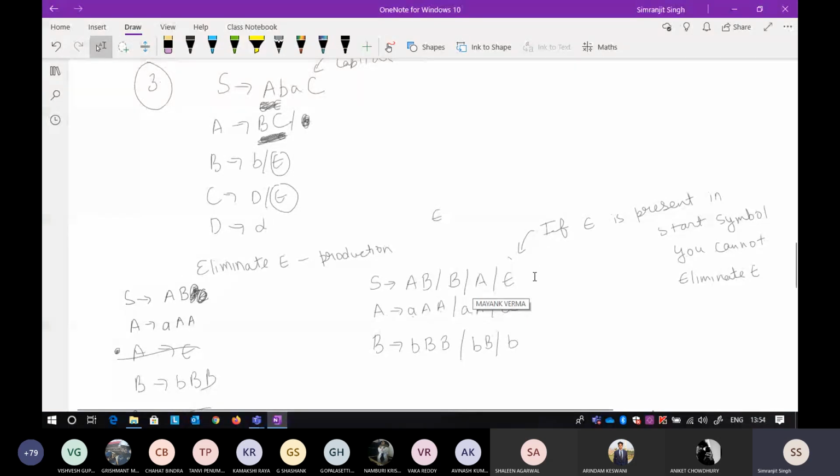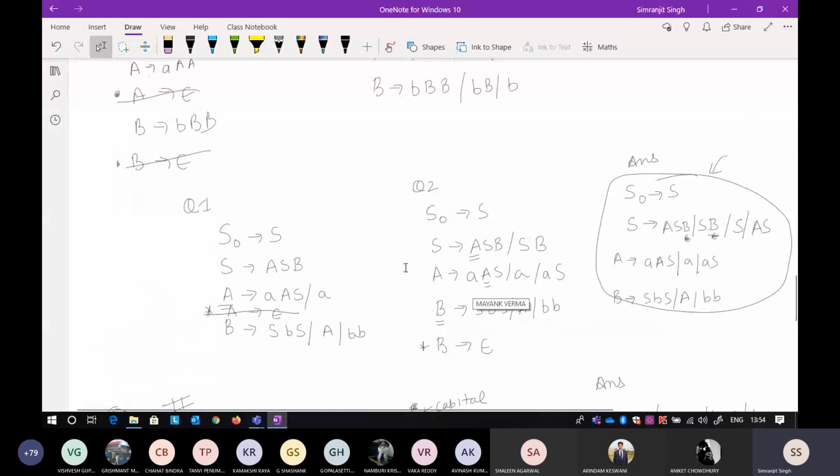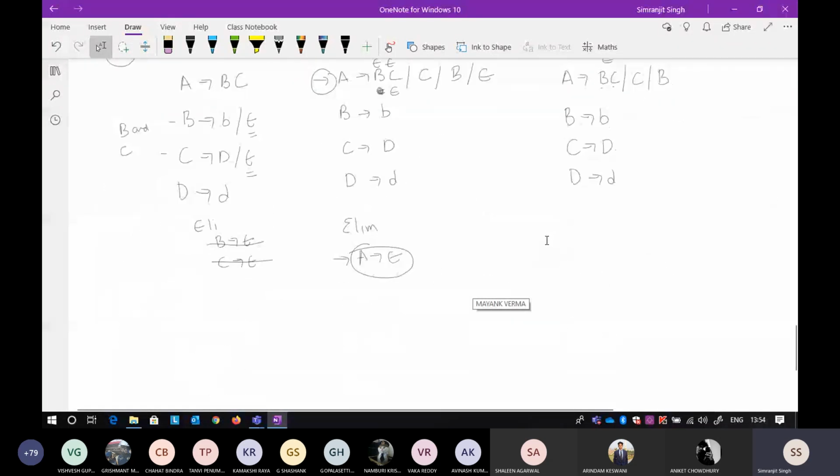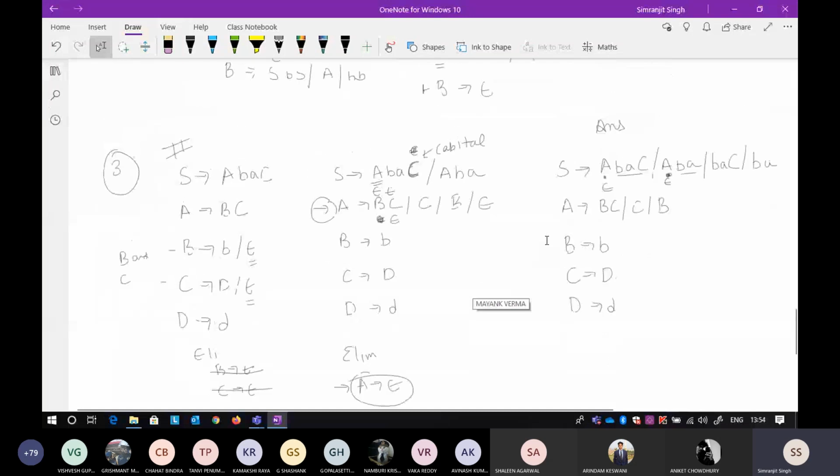That is why I'm highlighting it. If by solving the question, epsilon is again arising in any other production rule, you again follow the same procedure. There is nothing changed, you follow the same procedure and you will get the answer.